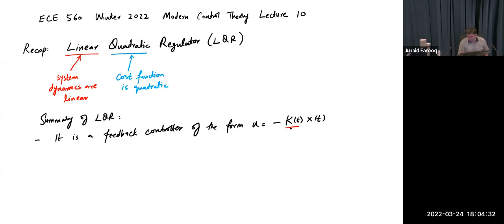So this is a dynamic gain vector, as opposed to the static gains that we have been seeing earlier in the linear state feedback controller.